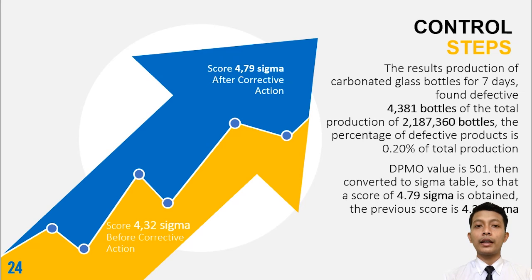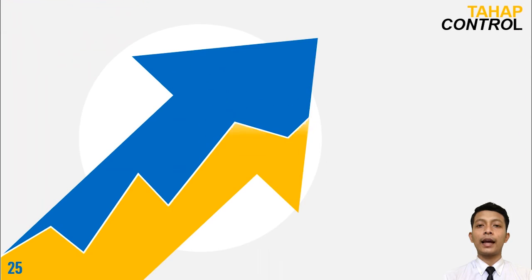The previous score was 4.32 sigma. In the analysis and discussion of the sigma value calculation, there was an increase of 0.47 sigma, from a value of 4.32 sigma to a value of 4.79 sigma.